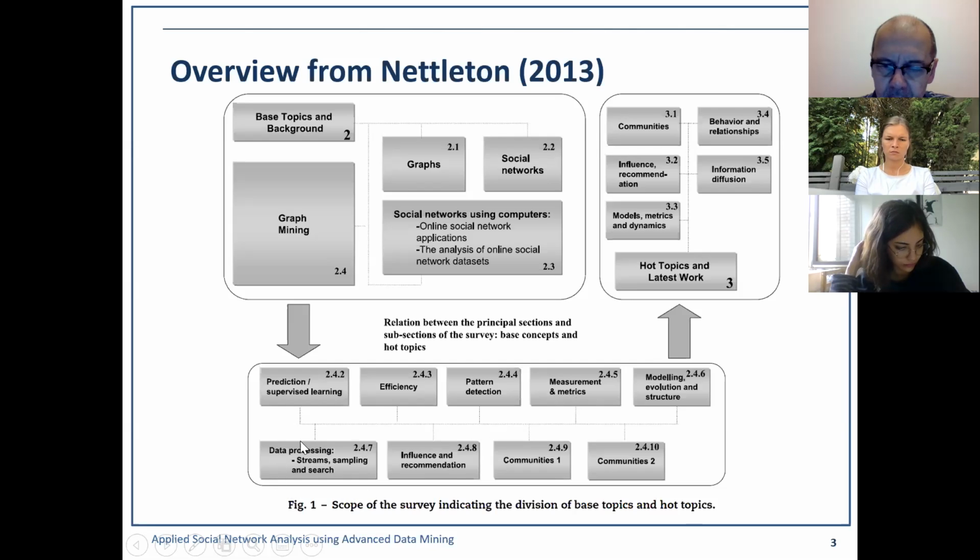Here we speak about data processing. Yesterday we mentioned already the notion of streams, data streams, as we have incoming data. And finally, communities. And the focus of today is here on communities, community detection.